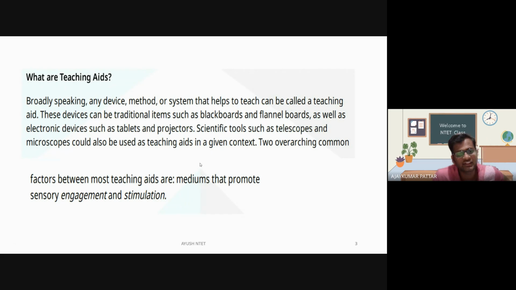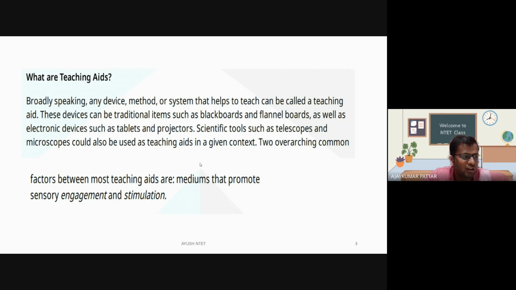So when teaching WBCs, if we use the microscope for visualizing the WBCs, then the microscope is called a teaching aid. But if we are teaching about the microscope itself, then the microscope in that context is called the instructional material.